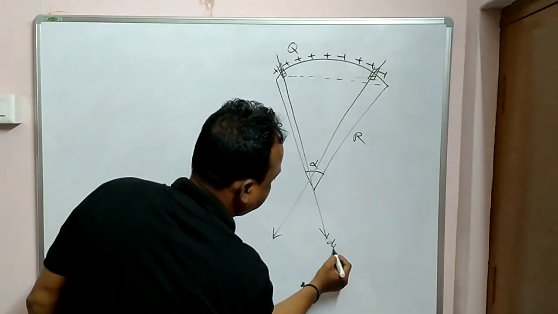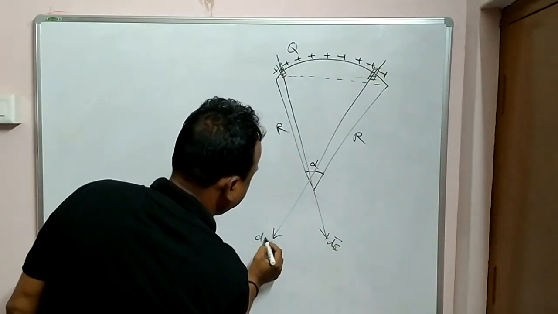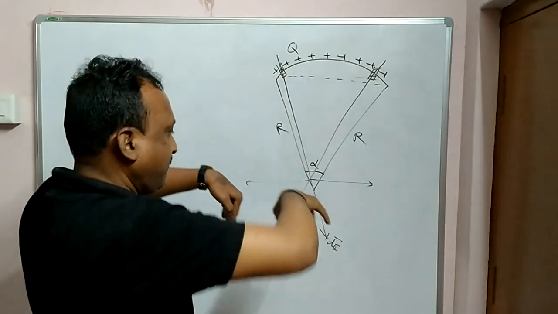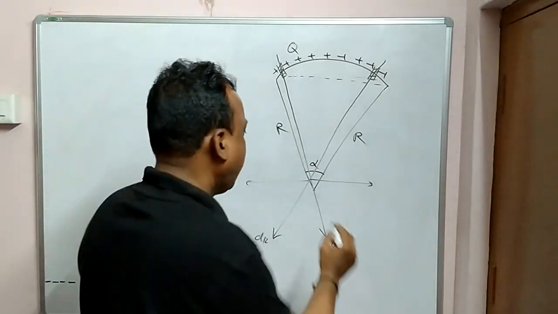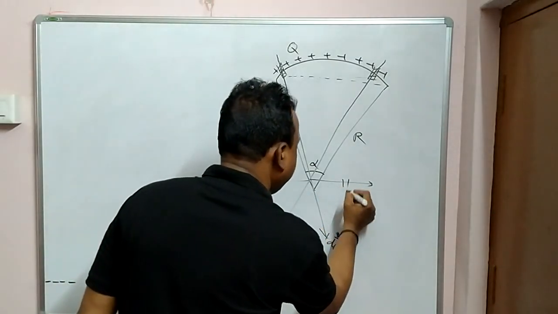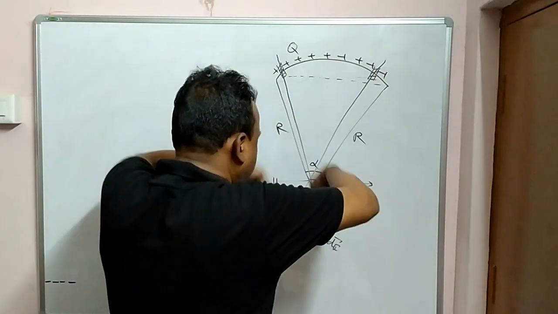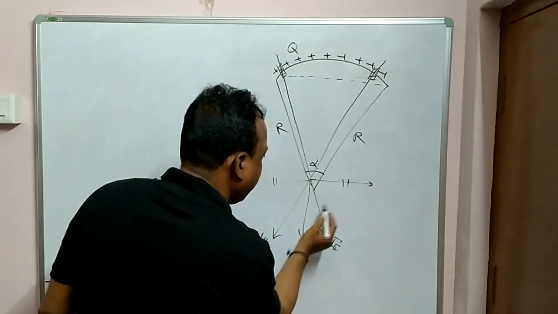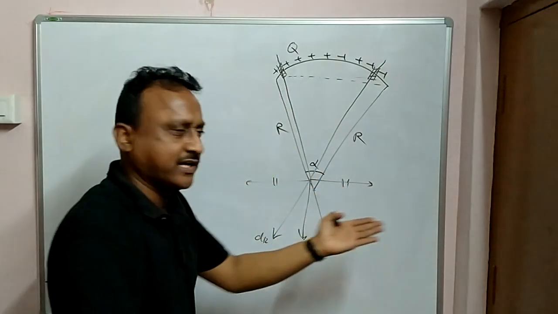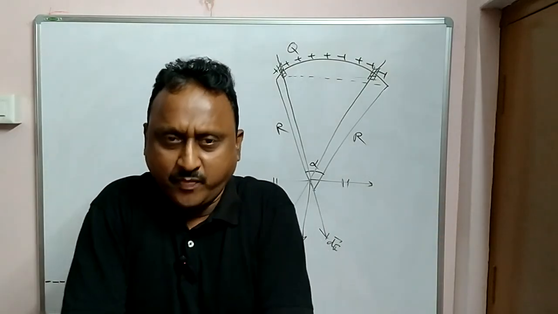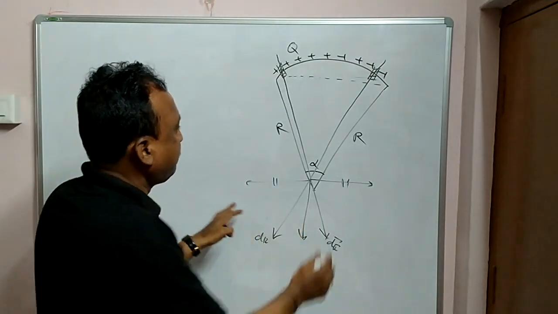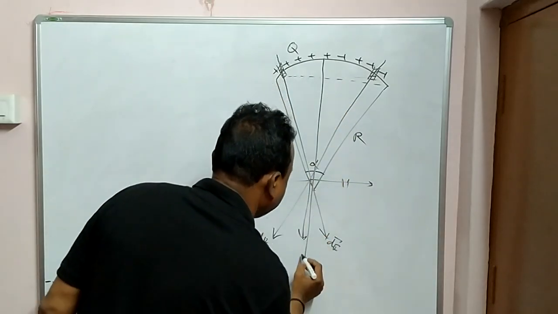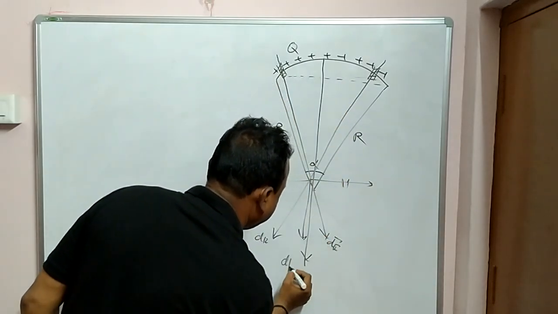This field has two components, these components will be cancelled in opposite directions and these components will be added. So finally the resultant will be in this direction. This is the resultant, dE resultant.